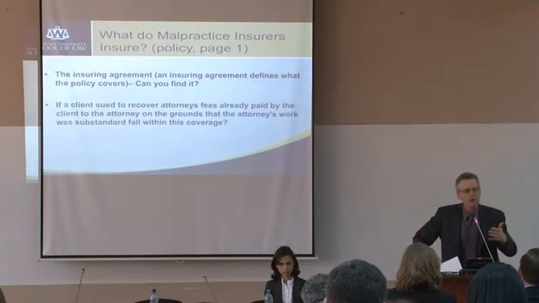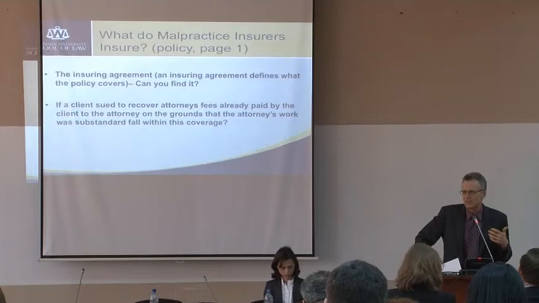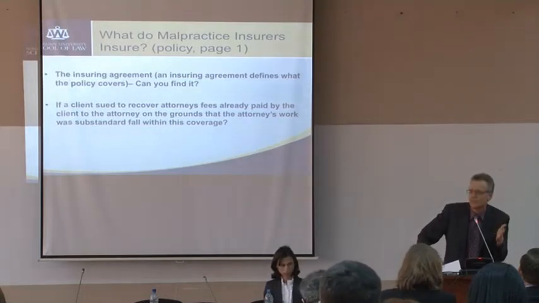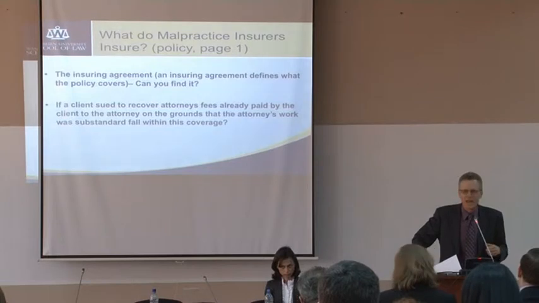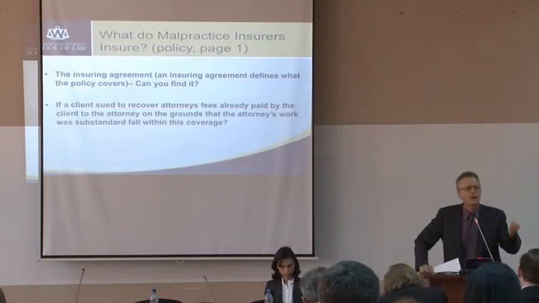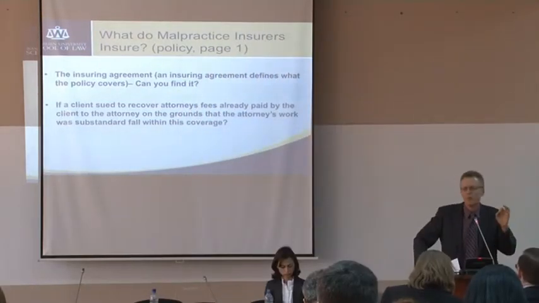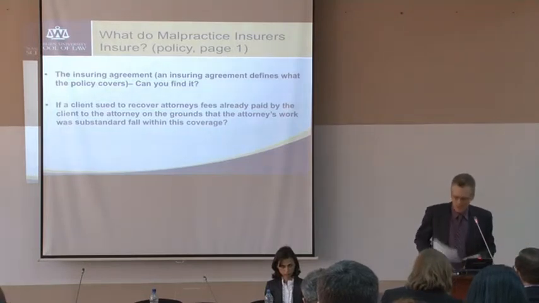We have the insuring agreement, this is what we'll do for you. We have the conditions, these are the things you have to do to maintain your coverage, like give us notice if you're sued. And then we have the exclusions, these are the things we're not responsible for. Today I'm going to focus just on the insuring agreement and the exclusions, and the most commonly sued about exclusions in lawsuits between lawyers and their insurance companies.